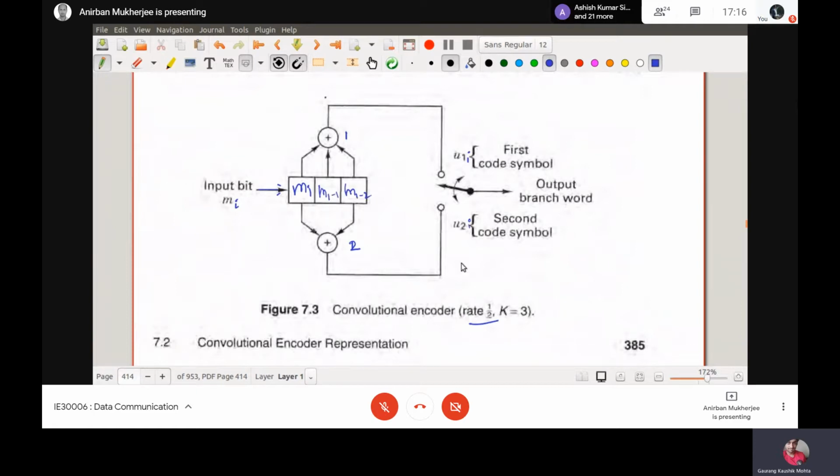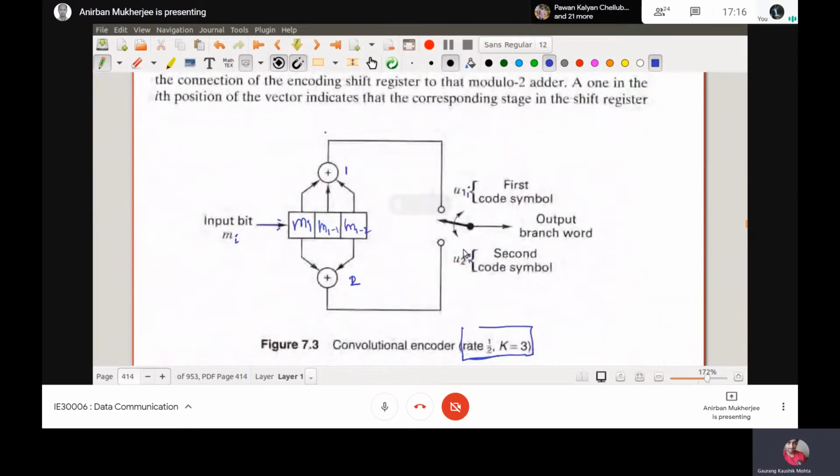That means the constraint length is 3, that is a 3-length shift register, and the output U1i is dependent on Mi, Mi minus 1 and Mi minus 2, and U2i is dependent on Mi and Mi minus 2. So the convolutional encoder is represented by rate half and K equal to 3, and usually the connection diagram also needs to be specified. That means whether the first one is connected to all 3 or the second one is connected to 2, or which 2 it is connected to. So these things also should be informed.